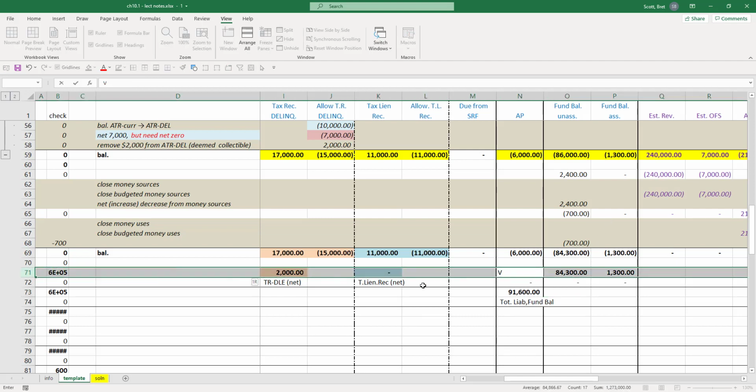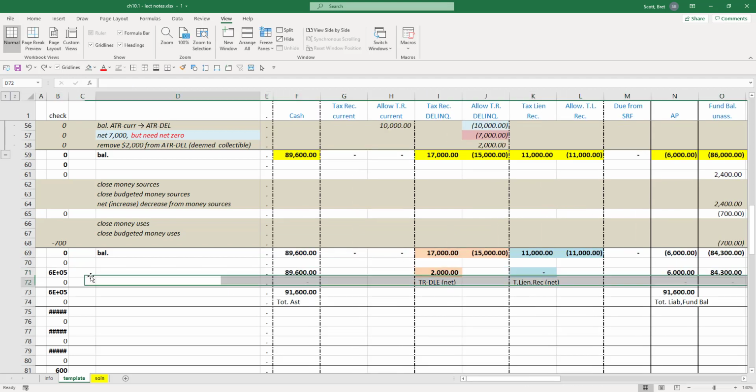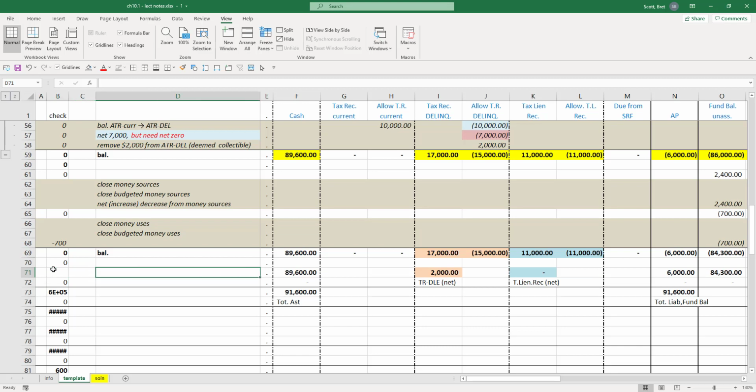So this row you see right here is basically taking all the absolute values of the existing balances on the balance sheet. This is my balance sheet right here, this row. Just call that your balance sheet. Total assets, 91.6. Total liabilities and fund balance, 91.6.